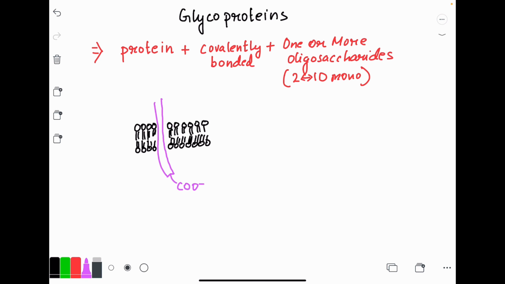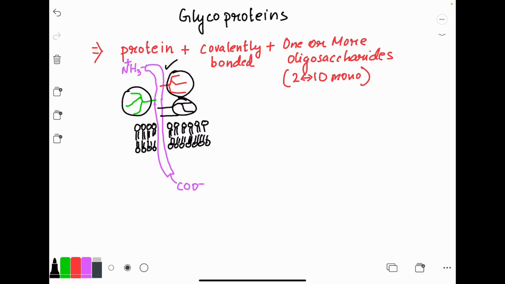Consider this as the C terminal and this as the N terminal. Then this protein will be attached to some oligosaccharides. They may be of varying complexities, branched or unbranched. This whole thing is the central protein part, and the carbohydrate or oligosaccharide chain attached to this protein part, this whole thing, is known as a glycoprotein.